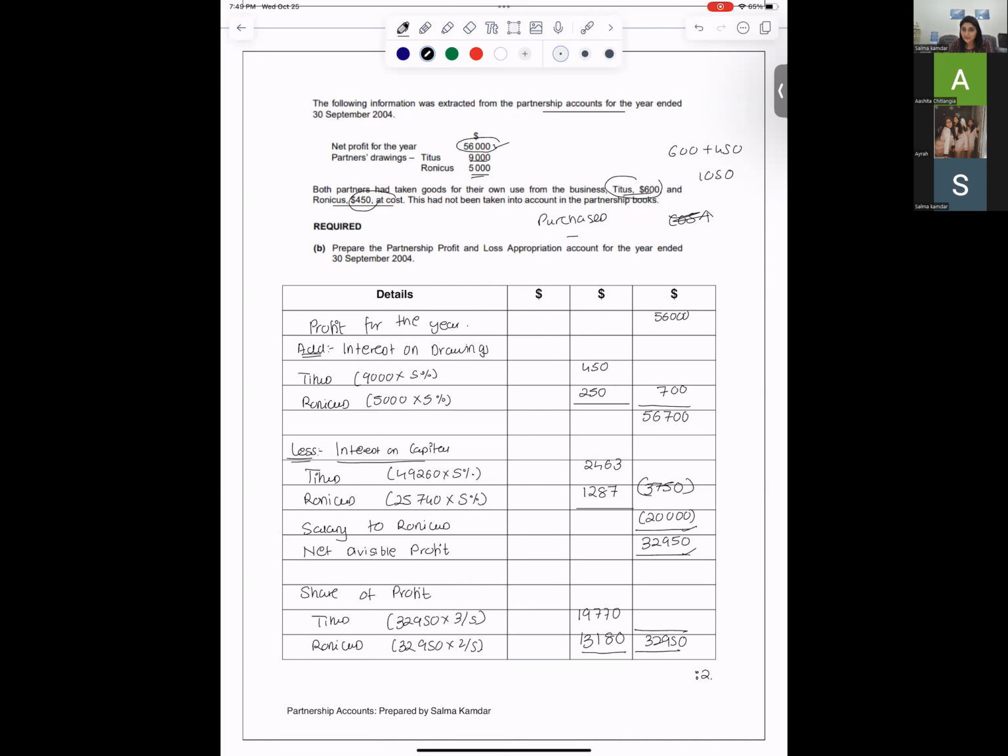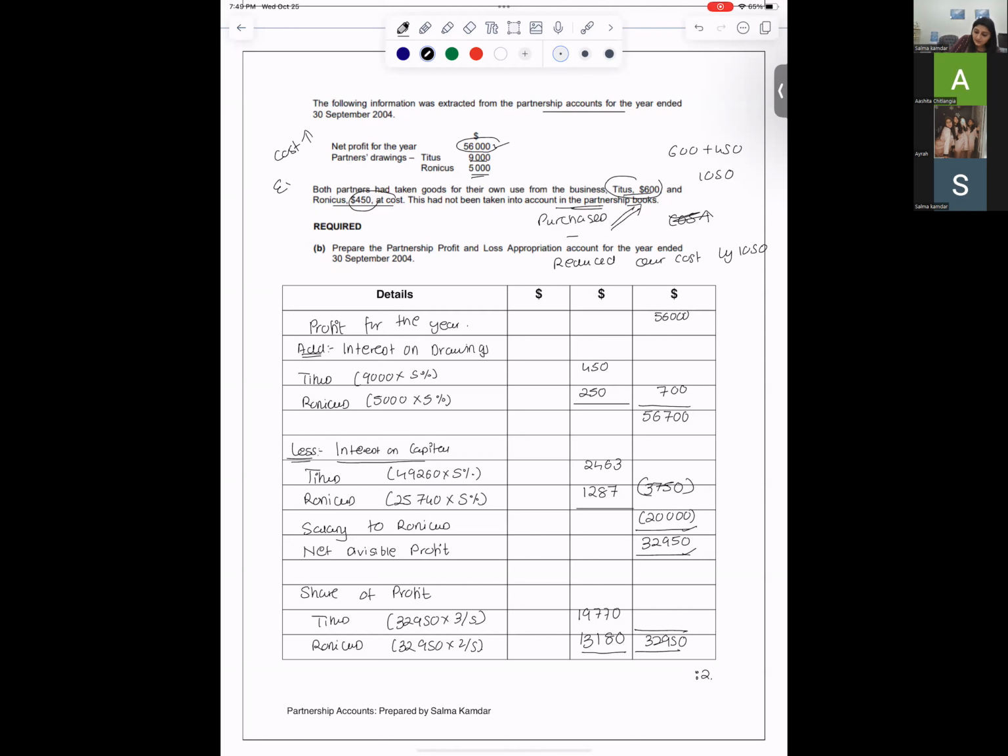But we have not recorded these drawings in the partnership books. That means we have not reduced our cost by 1050. If we did not reduce our cost by 1050, that means the cost was more.